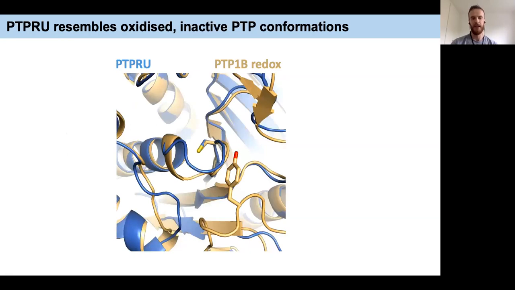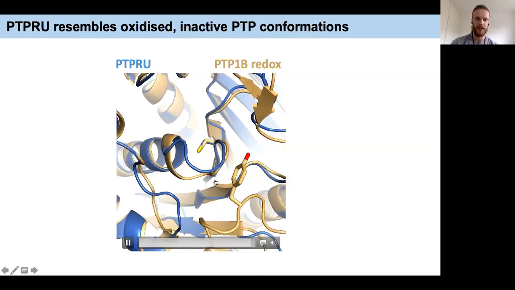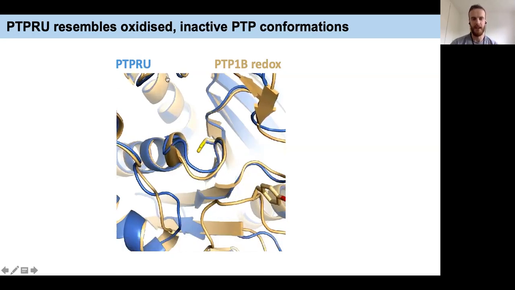And it is in a way, with the caveat that it is unique for a phosphatase in which the catalytic cysteine is reduced. So these cysteines don't undergo oxidation, and in the case of PTP1B, which is essentially the prototypic tyrosine phosphatase, you can see from this video, which is essentially a morph between the reduced and oxidized structures of PTP1B, that when this cysteine becomes oxidized, you get this change in conformation where this PTP loop starts to look like this large kink that you see in PTPRU.